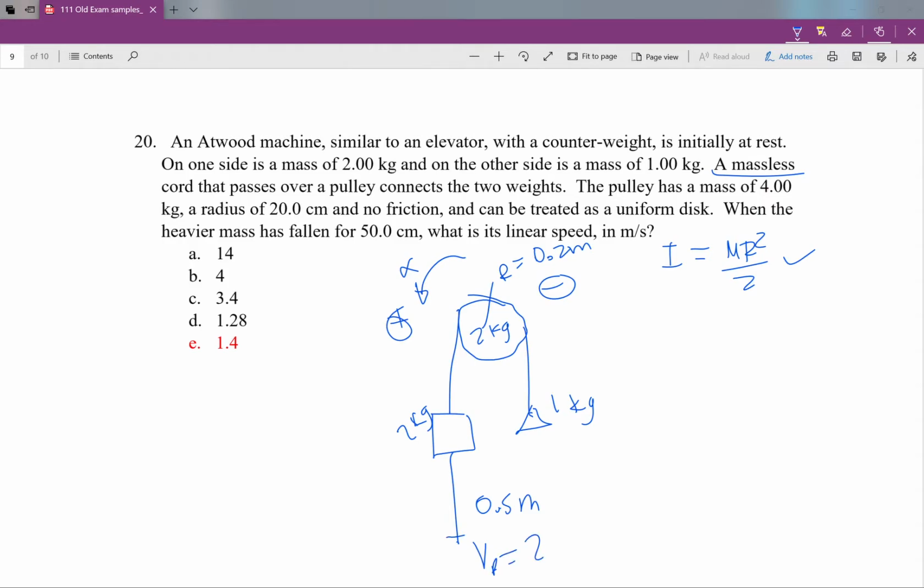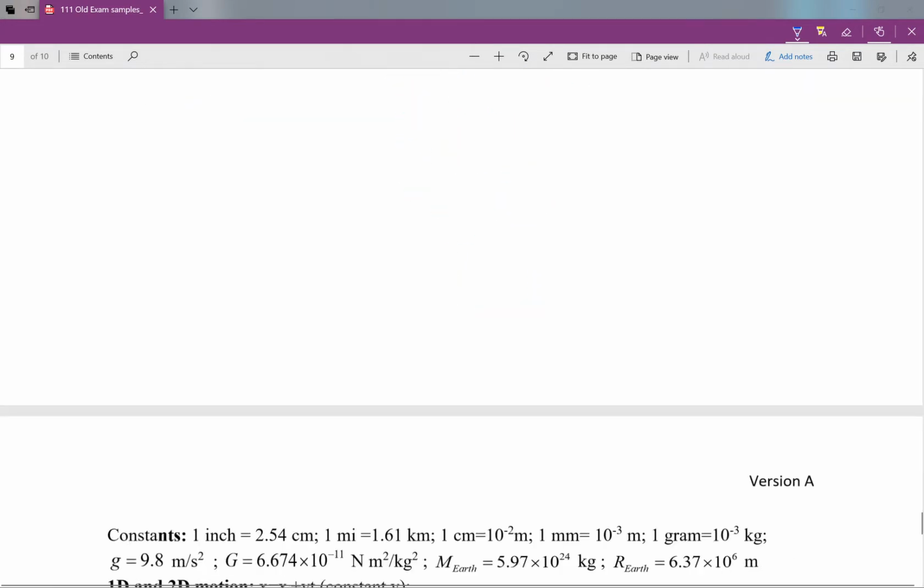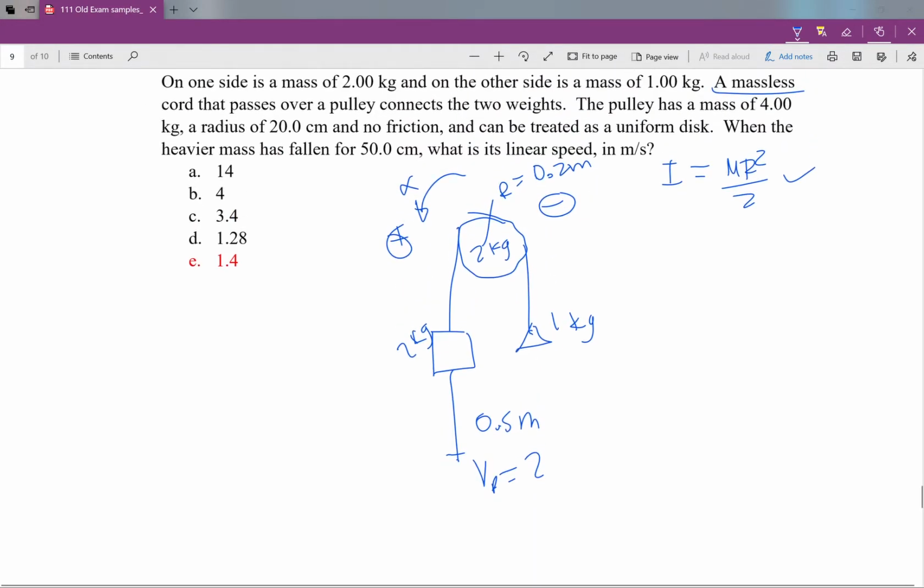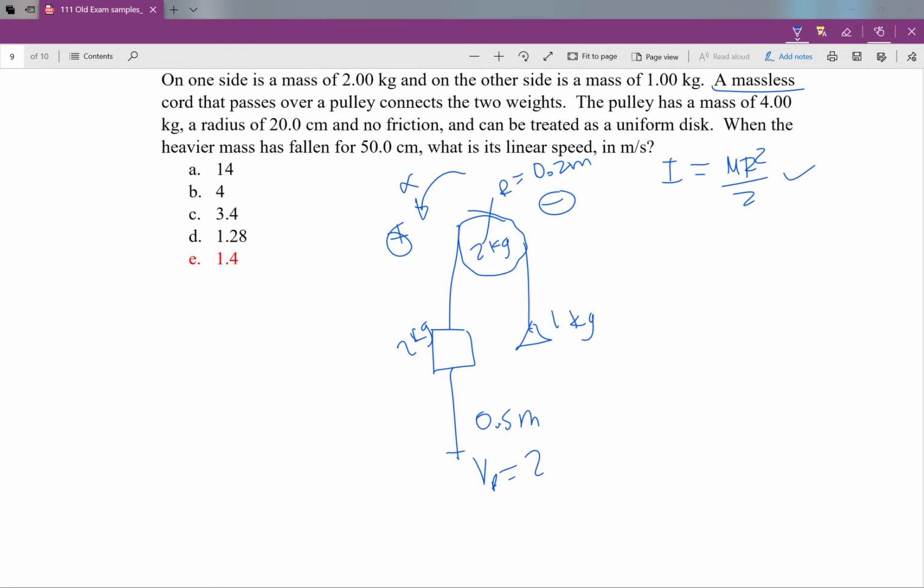Okay, so let's see what we could do. Let's draw a free body diagram for each of these objects. So it's a good thing that we have enough space here. Let's draw a free body diagram for the big mass, the 2 kilogram mass.